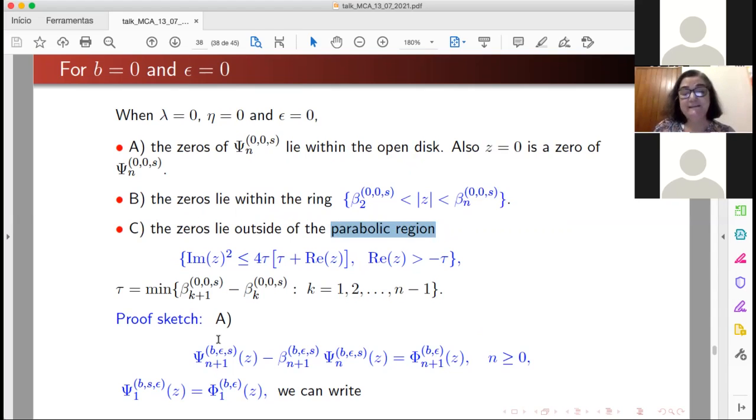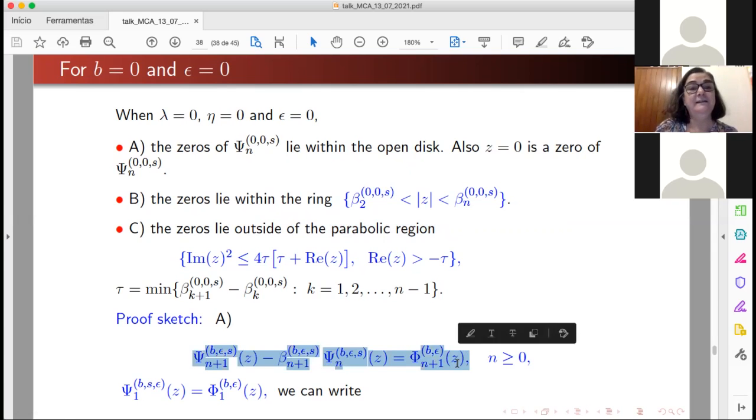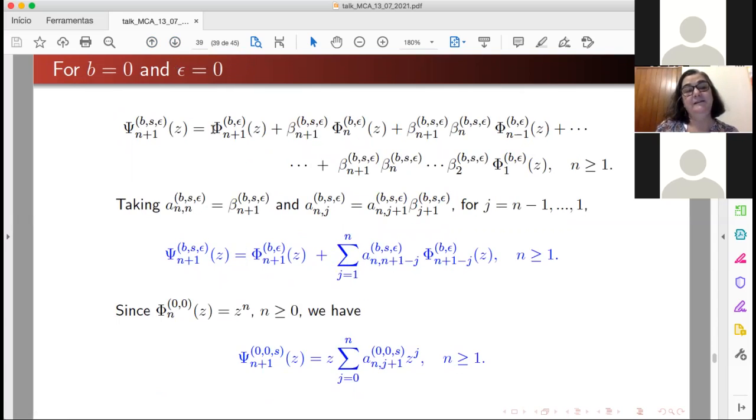So the proof is not so difficult. We have this expression, and we can write the Sobolev polynomials in terms of the polynomials phi n epsilon in this way. And now the coefficients here are actually multiplications of betas.